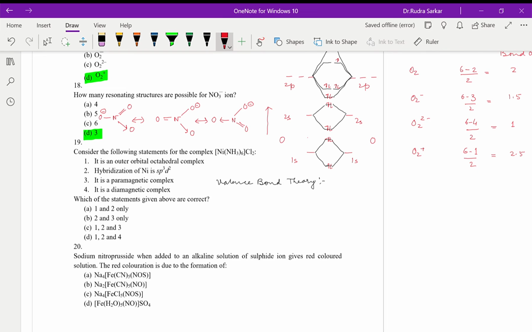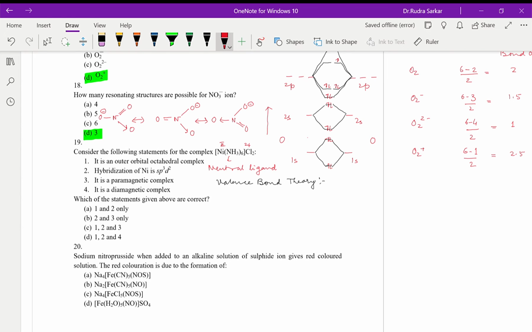we know that out here the charge of the complex over here is +2. NH3 is a neutral ligand. That means the charge on Ni has to be 2. That is the oxidation state.